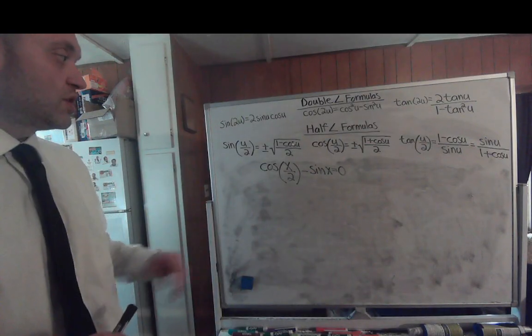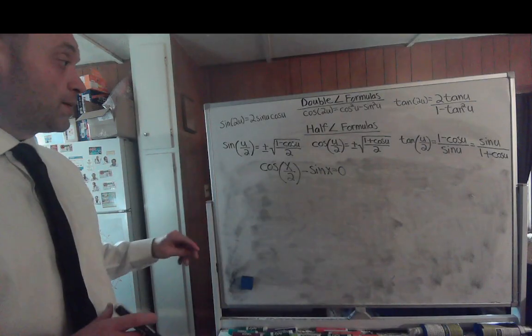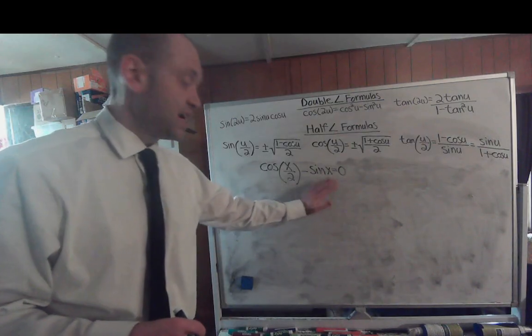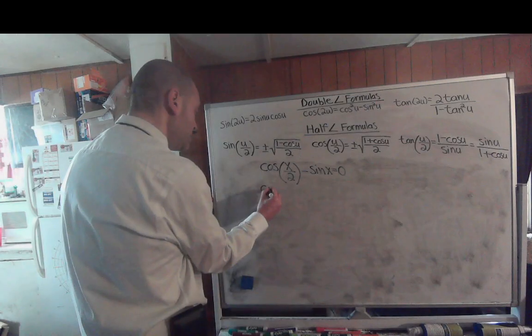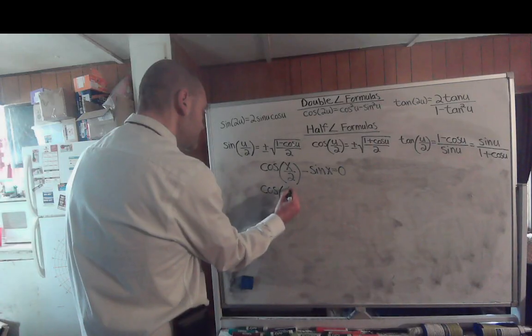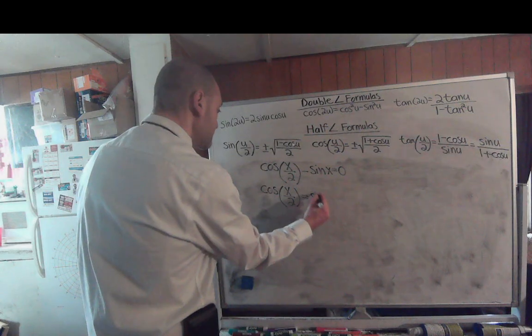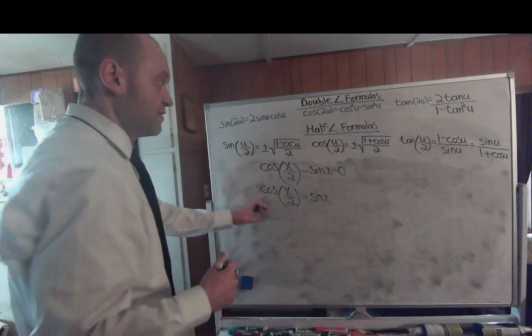Because we know what the cosine of u over 2 is. Well, first things first, I would highly suggest we get the sine of x by itself. Let's get each term by itself. So this would be the cosine of x all over 2 equals the sine of x. There's a reason for this. Now, what is the cosine of x over 2?